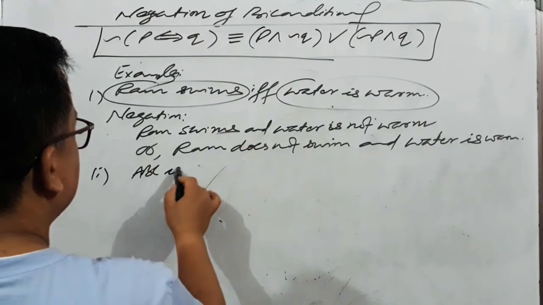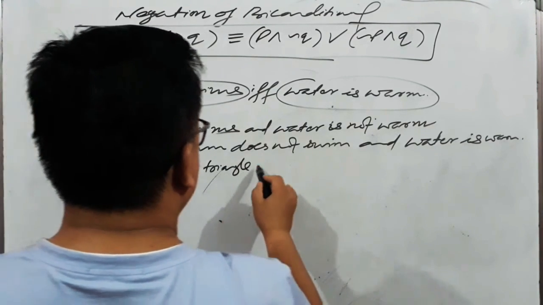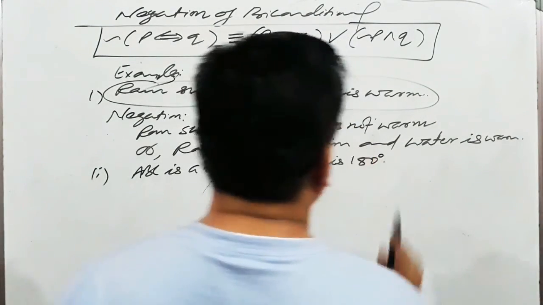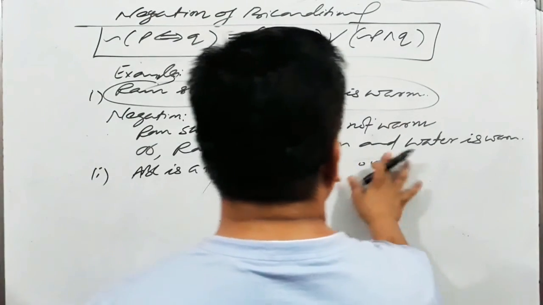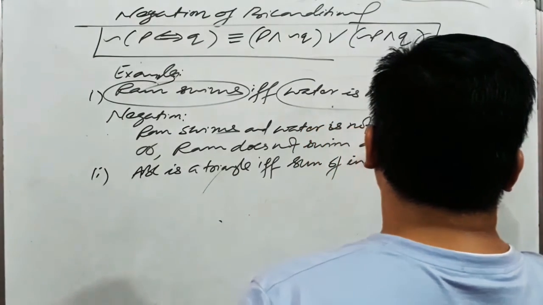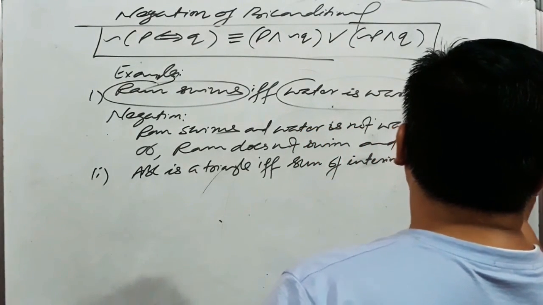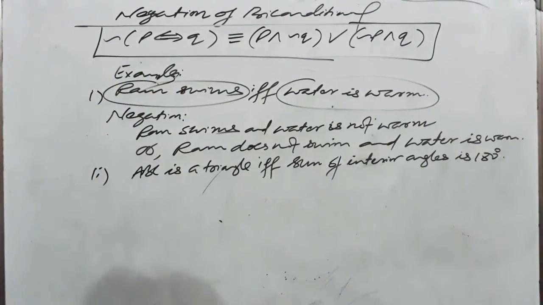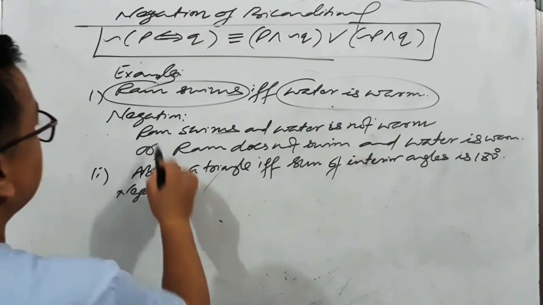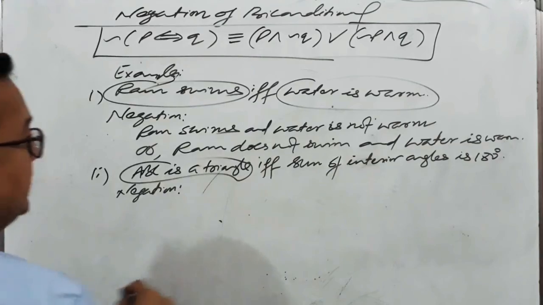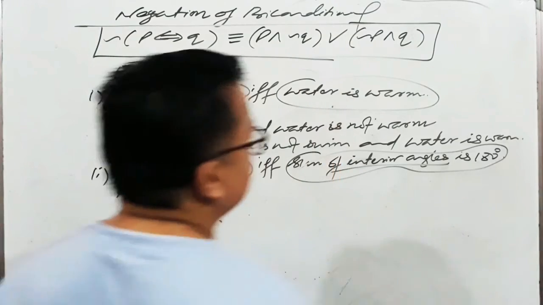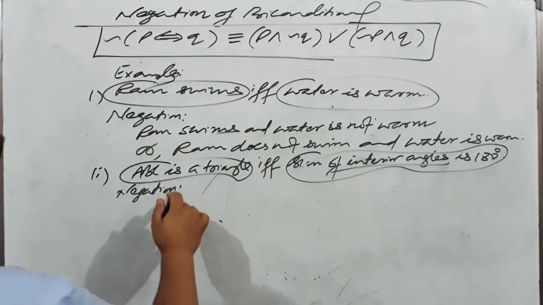ABC is a triangle if and only if the sum of the interior angles is 180 degrees. Let's make a shortcut: interior sum is 180 degrees. So how do we write down the negation? As I told you, this one is P, sum is 180 degrees.